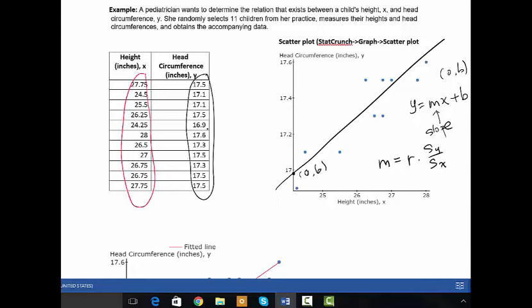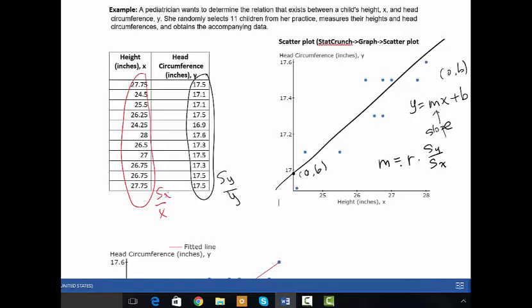You can also find the mean, x bar. For this set of data, you can find sy, the standard deviation, and y bar, which is the mean. So that's how you find the slope.